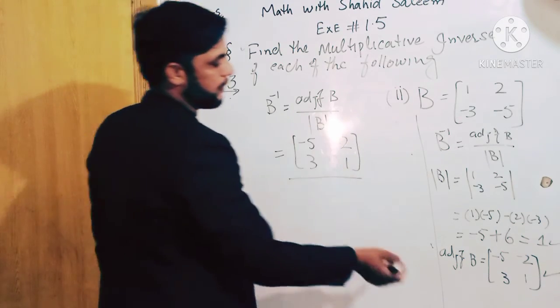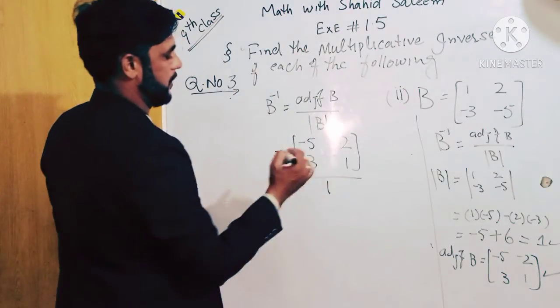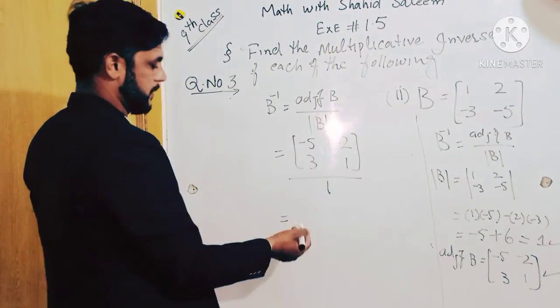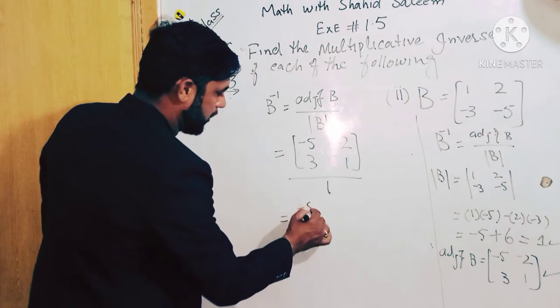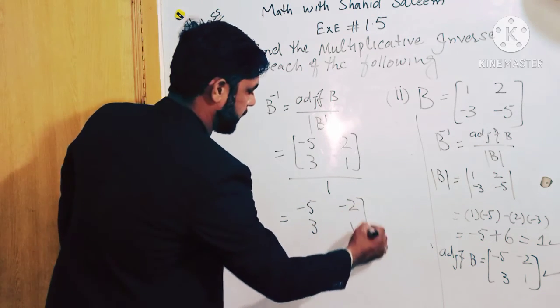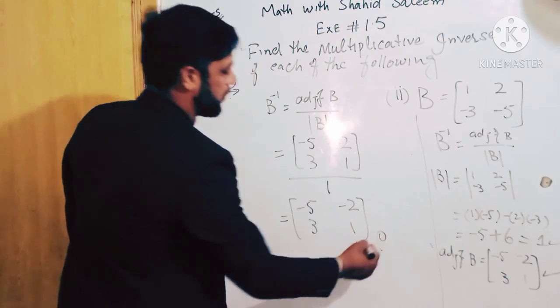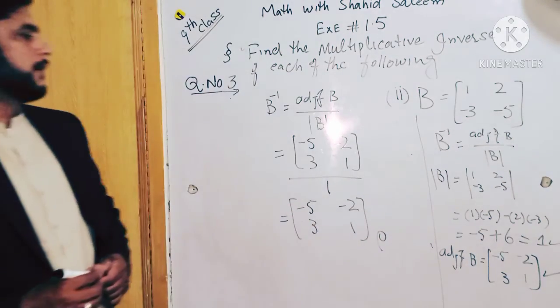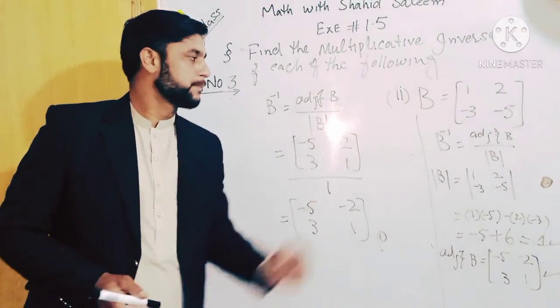Magnitude of B is also 1. Something over 1 is equal to something, so [-5 -2; 3 1] over 1 is the result of the multiplicative inverse of matrix B.